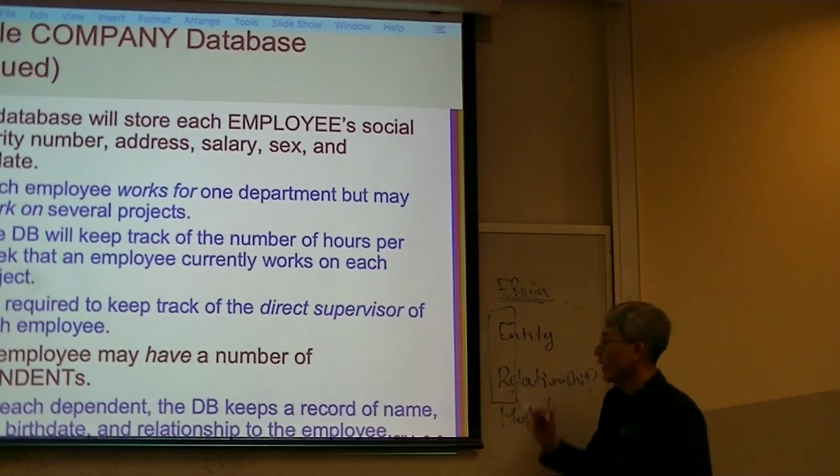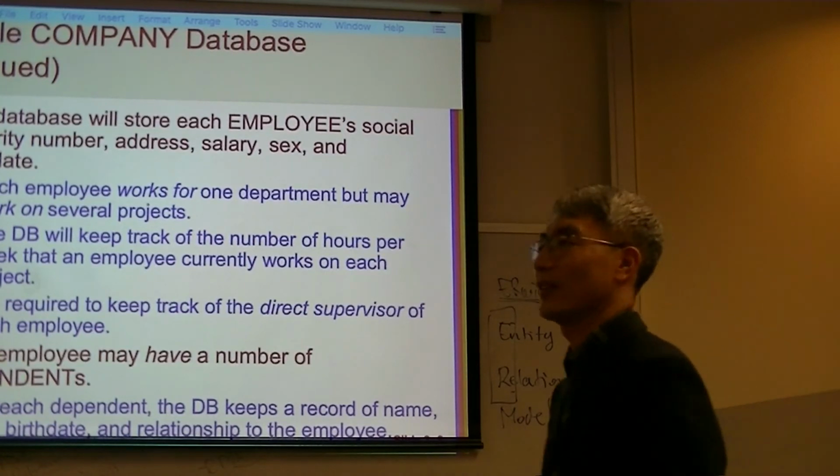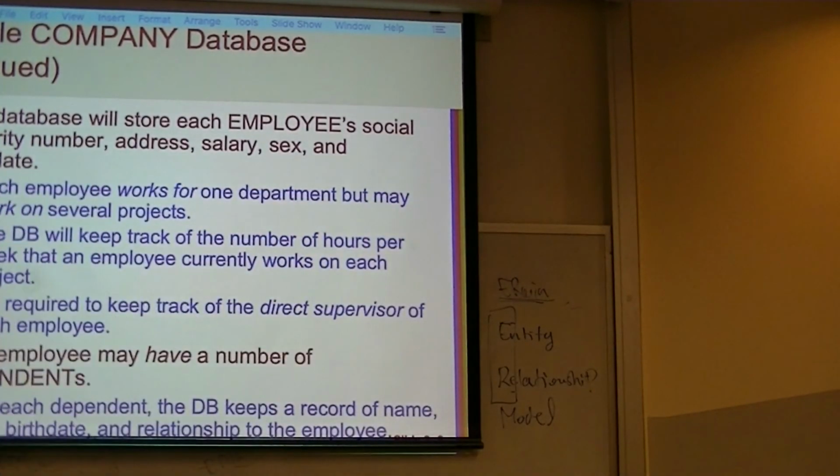First, we need to understand what an entity is and what a relationship is. I already explained this when I explained the object-oriented concept: thing 1, thing 2, thing 3, thing 4. By combining them and finding the common information, I define the student object, then eventually create a student class.